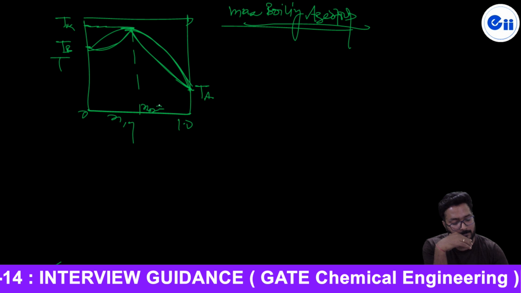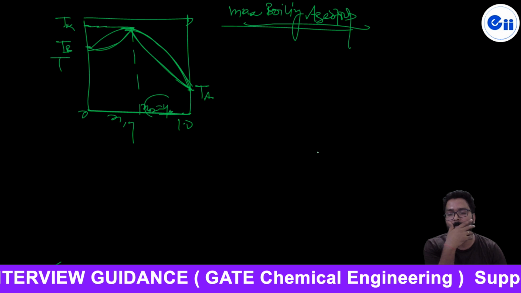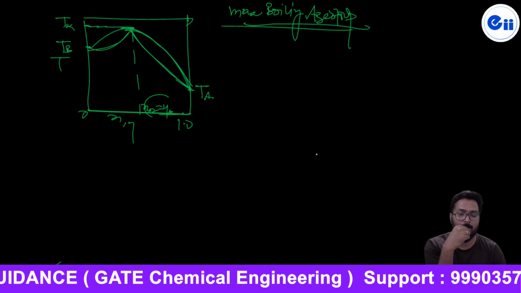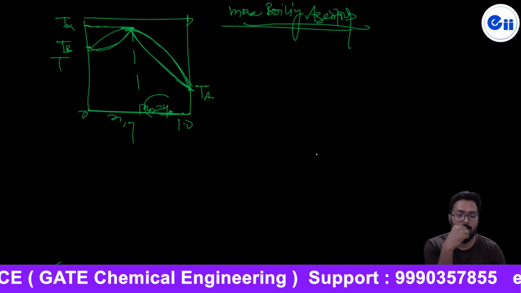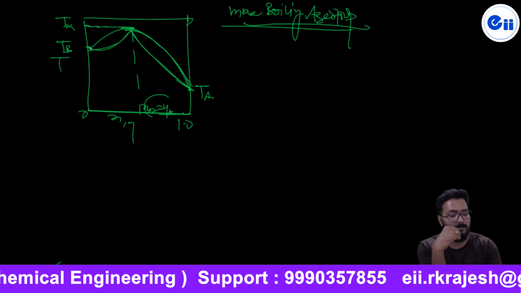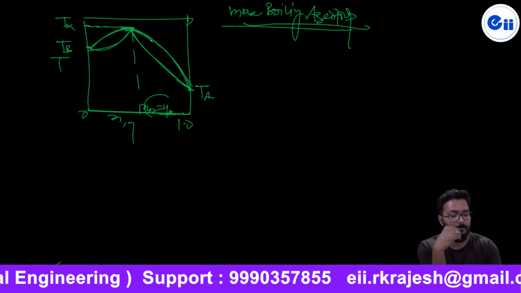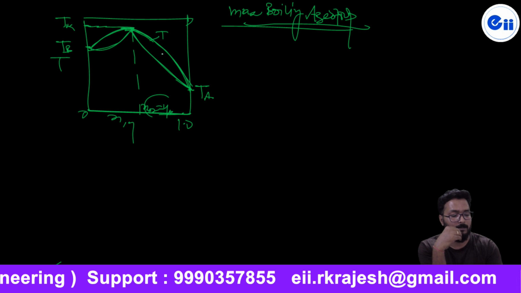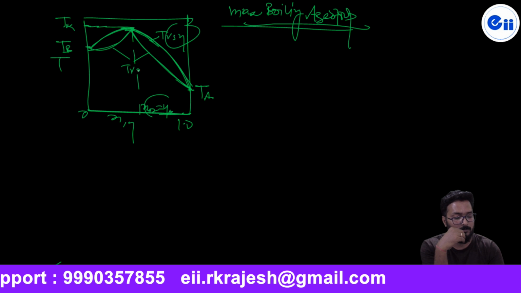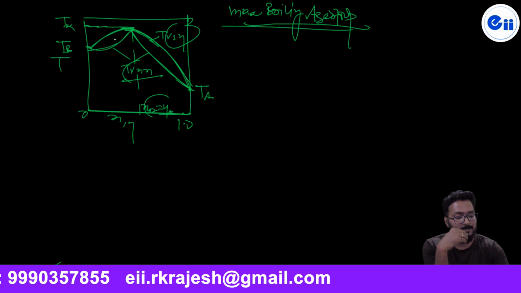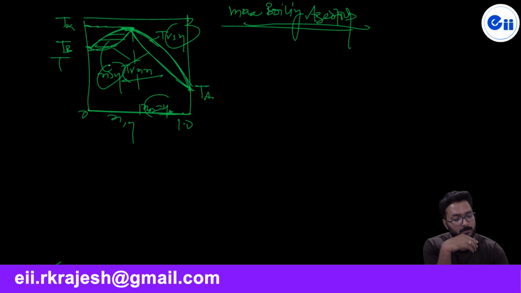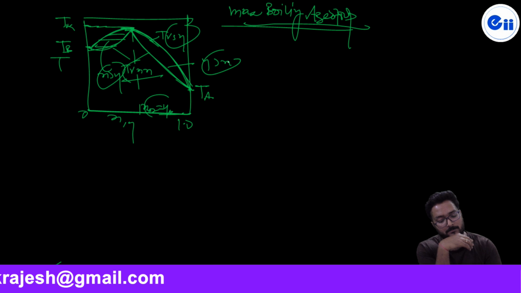X is Z, Y is Z. And my dear student, it is obviously here. This upper curve is called the T versus Y curve. And the lower curve, what is it? The T versus X curve. You can see here, in this case what happens? X is more than Y. And here Y is more than X.